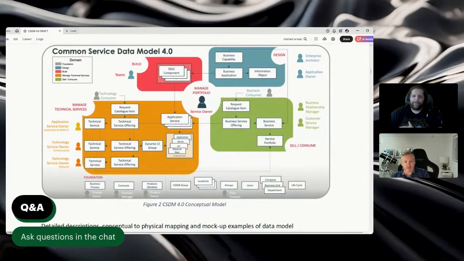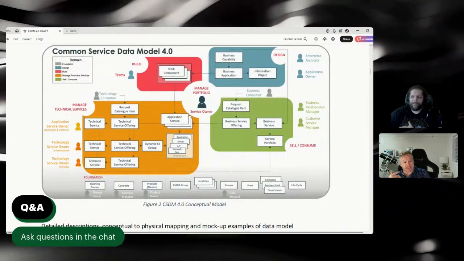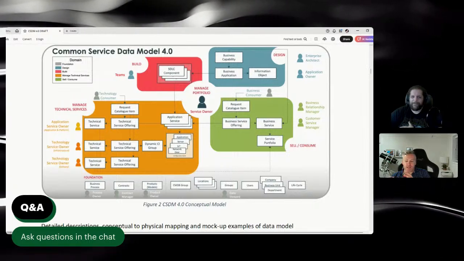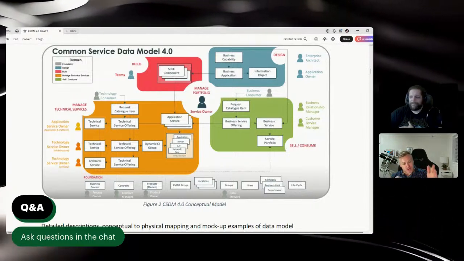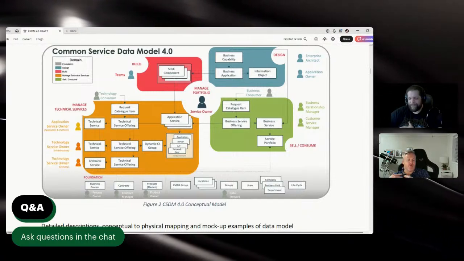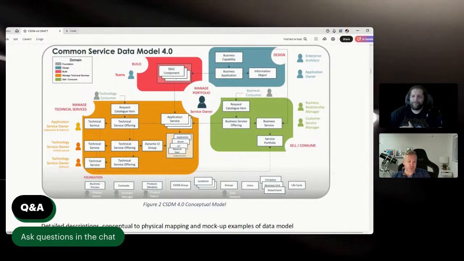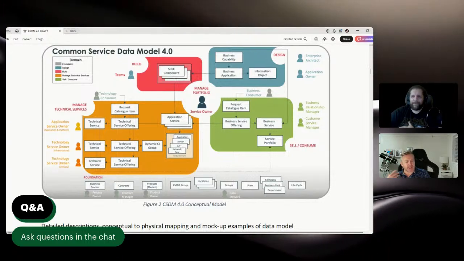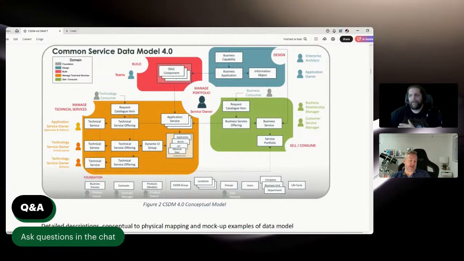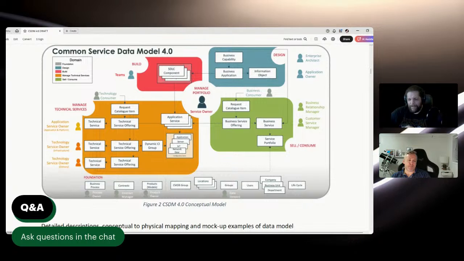So getting the first kind of business application services, their CIs, and then just some basic technical services and service offerings to help with automating the population of the non-discoverable data. So that's what I typically advise, and I've had quite a successful first phase with that.